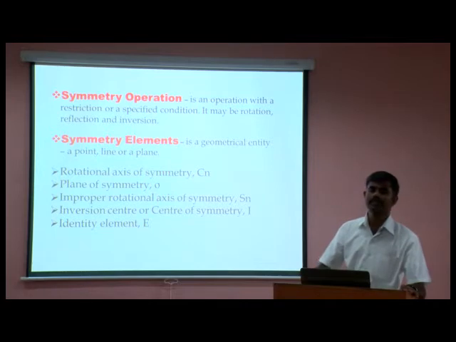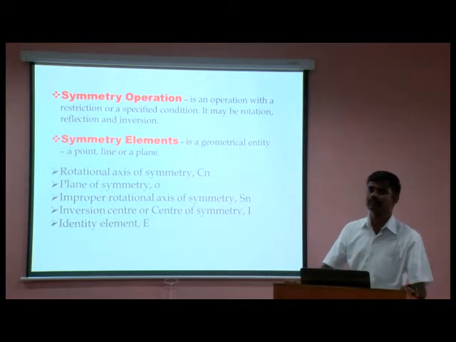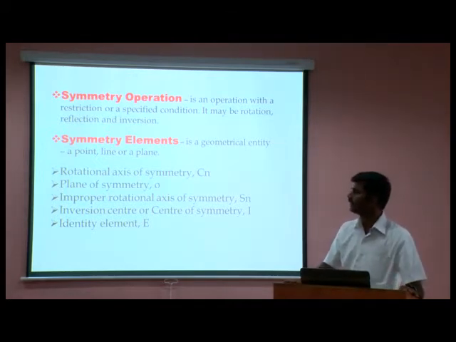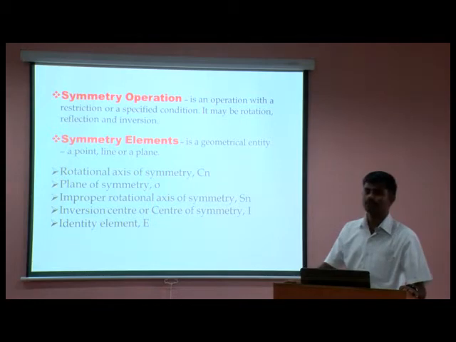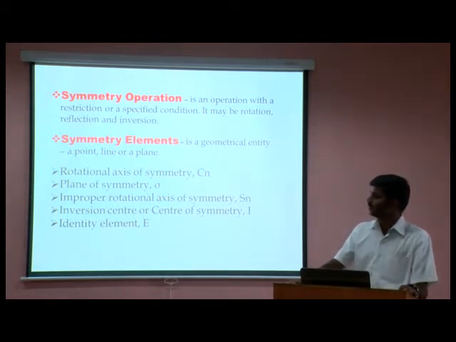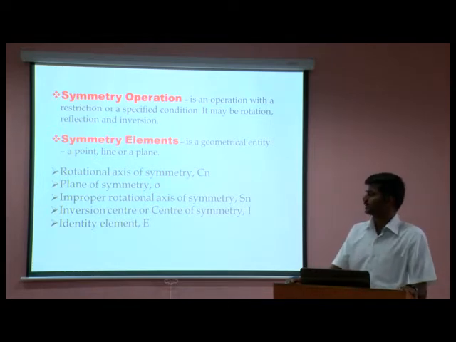Next, plane of symmetry. If we are considering a plane which will reflect the molecule, then it is said to have a plane of symmetry. It is classified into three types: vertical plane, dihedral plane and horizontal plane. What about the improper rotational axis of symmetry?